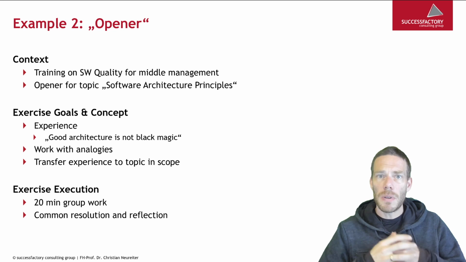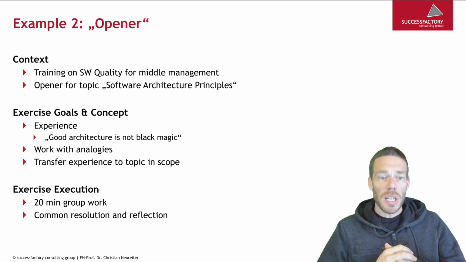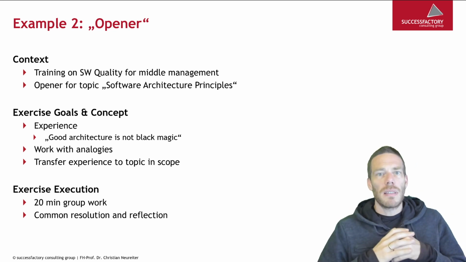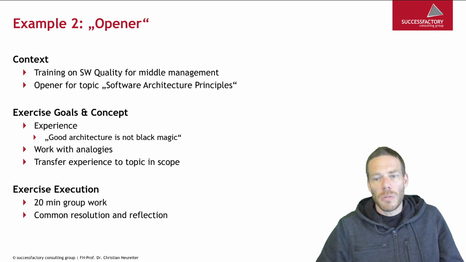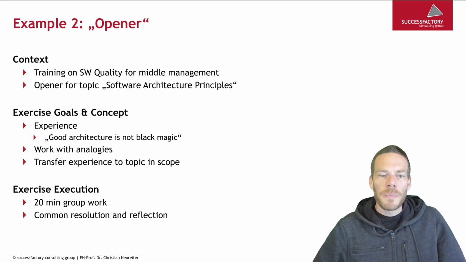It's something that we really can understand, we can somehow feel it, and we can make up our minds on the quality of the architecture that is developed. As this topic is pretty complex and management is not always very skilled in software engineering, I'm working with analogies.